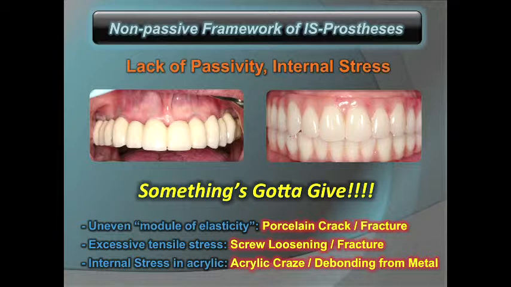You are going to have some issues with porcelain cracks and fractures. You are going to have screw loosening and screw fractures. And of course, the internal stress in the acrylic will cause acrylic craze. So in metal acrylic, you're going to have fractures in your acrylic.